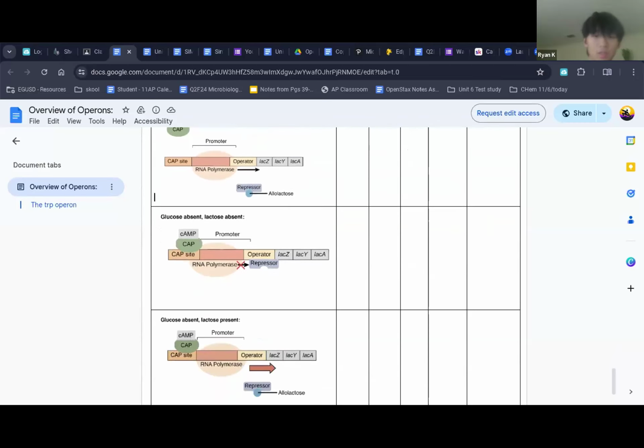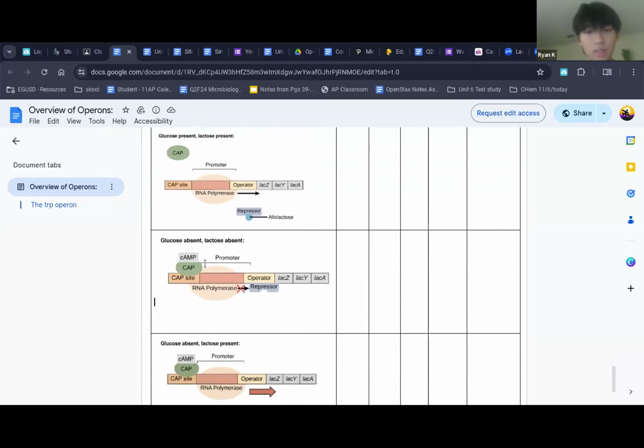And then number 3, glucose is absent and lactose is also absent. So basically there's literally nothing being produced, because this is the worst case scenario. You have no food and no milk. Even with the key, this is like having no fuel in the car. Everything stopped.